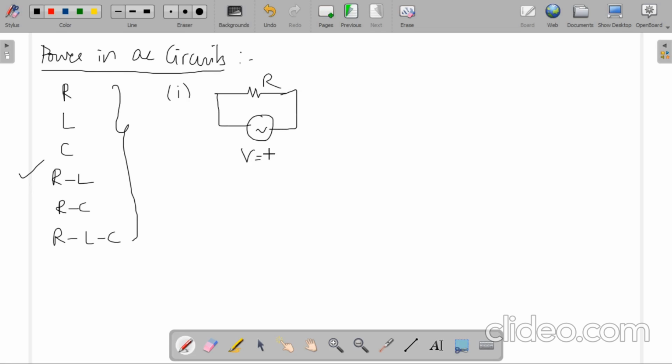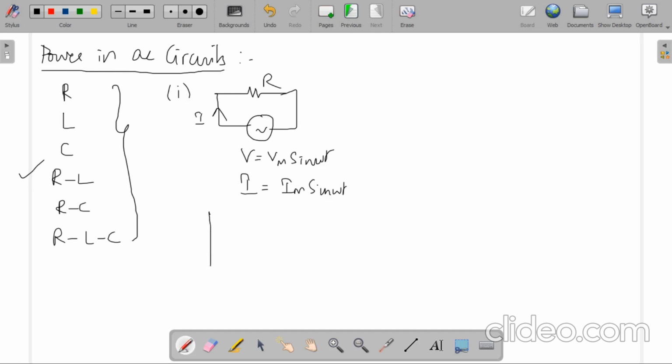Let V is equal to Vm sin omega t. Let I be the current which is flowing through this. Then I is equal to Im sin omega t. There is no phase difference between these two quantities, voltage and current.